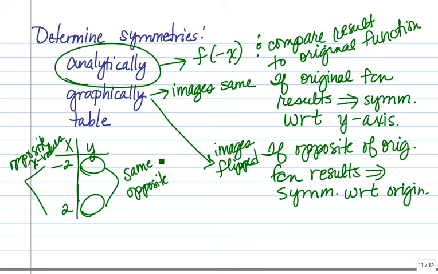Okay. If they're the same, you've got symmetric with respect to the y-axis. If they're opposite, you have symmetric with respect to the origin. And if they're neither one of those. Okay? I have some examples worked in your exercises, so don't panic. You're going to see plenty of these worked.